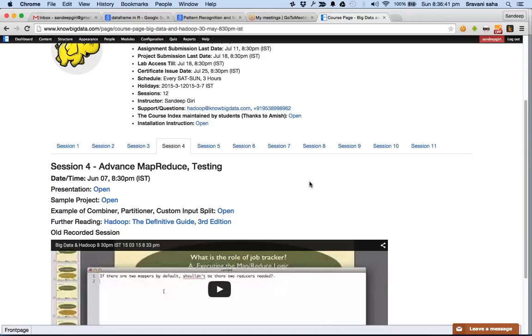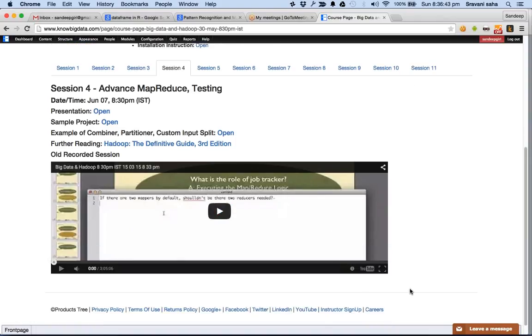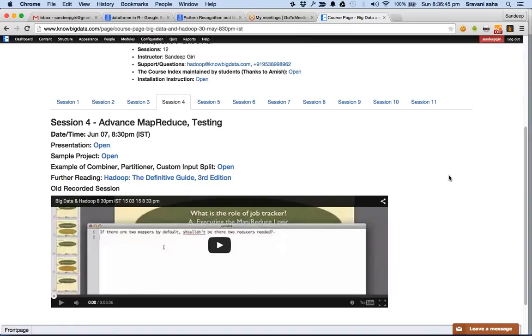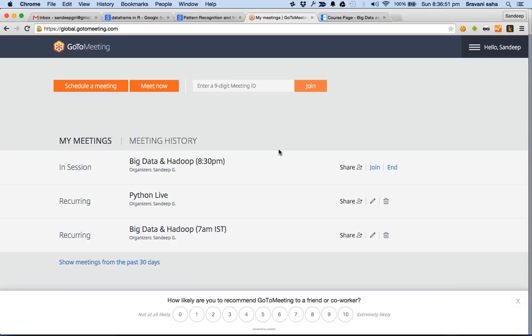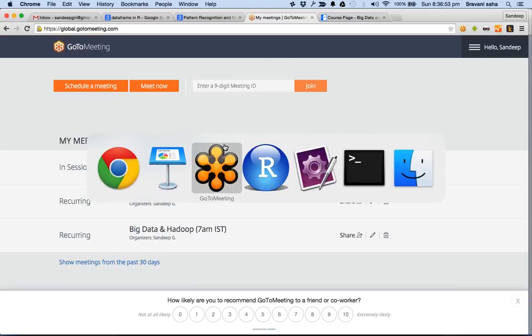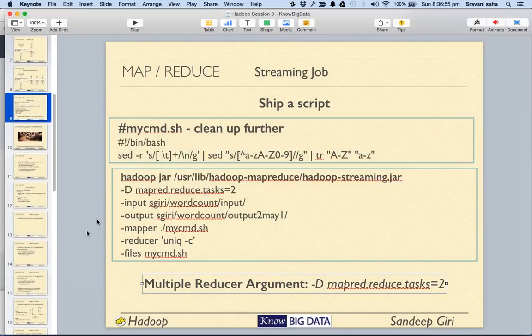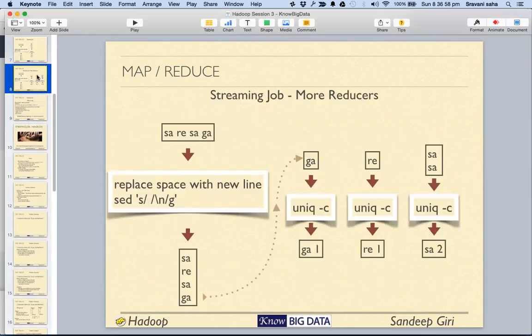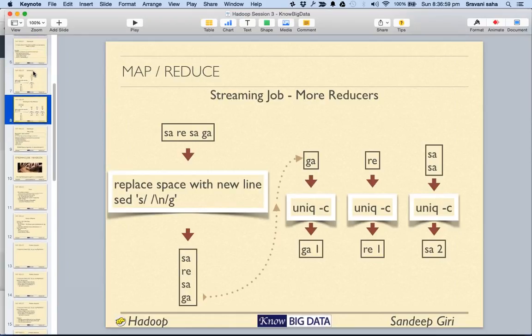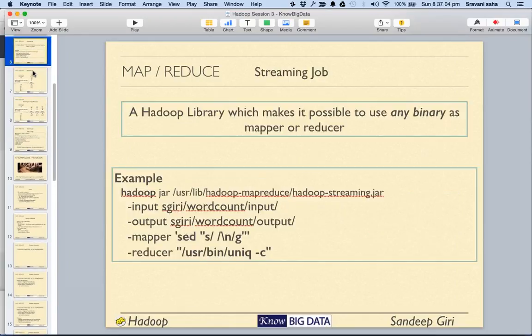Today's discussion is going to be very hands-on, and we are going to go step by step in that direction. Yesterday we discussed that. Is everybody clear about this syntax?